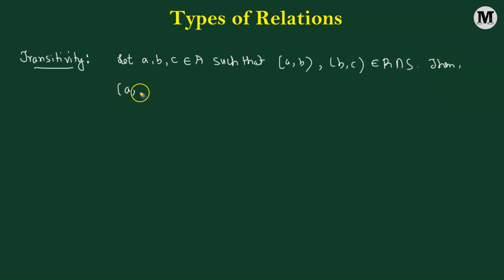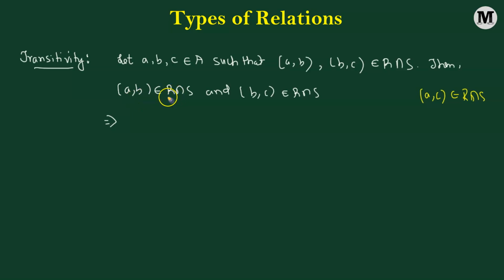So if we say (A, B) belonging to R intersection S and we say that (B, C) also belongs to R intersection S, our goal will be to show that (A, C) also belongs to R intersection S. So let's try to check whether this is true or not. Now what does it mean when we say (A, B) belongs to R intersection S?